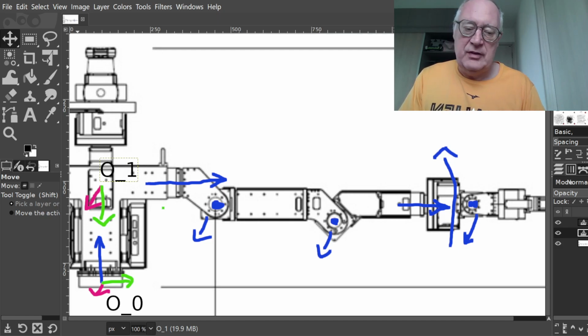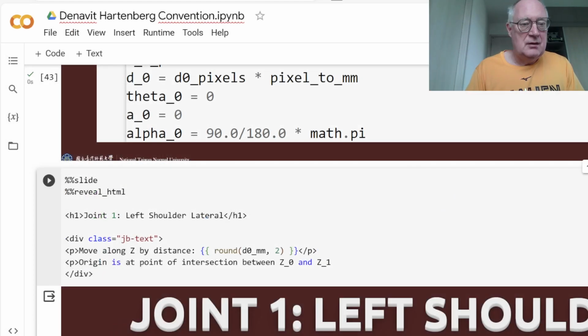The origin is at the point of intersection between Z0 and Z1. So that means D0 is equal to 0.